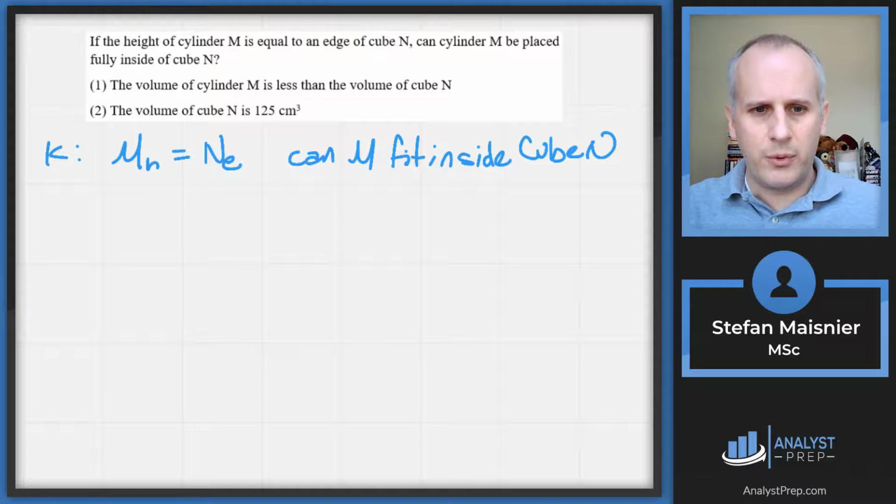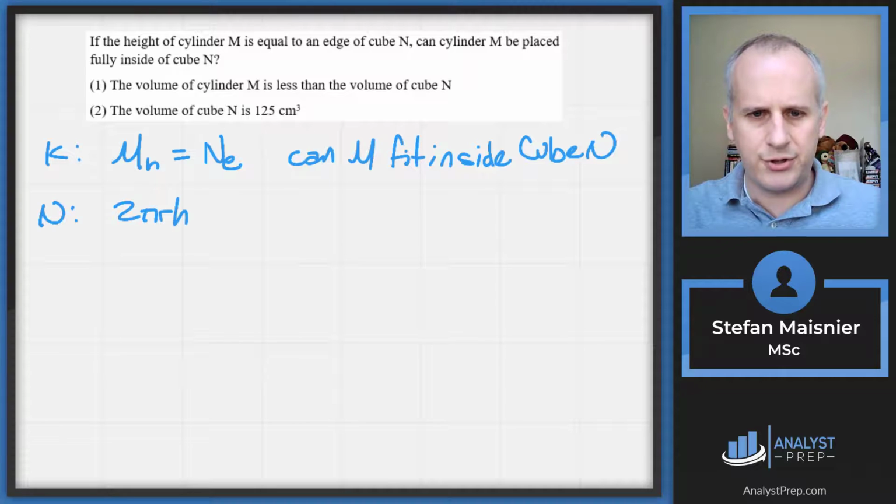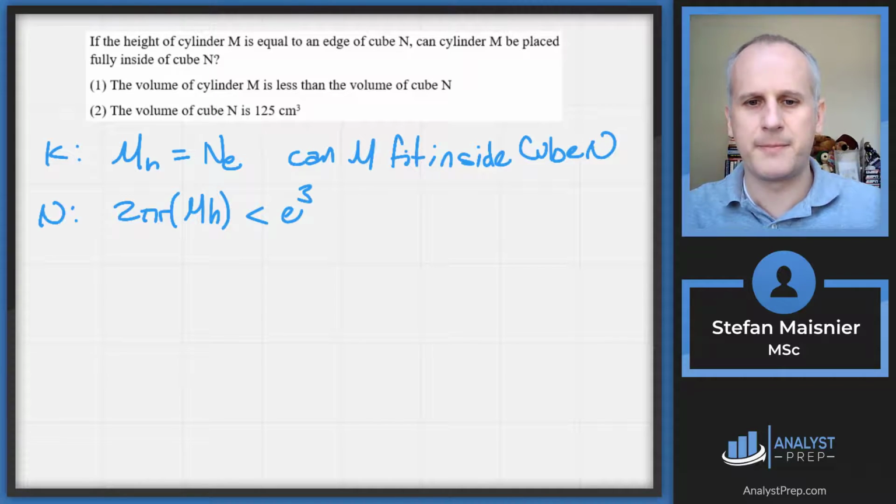So what we need is to determine if 2 pi r mh, because that's how we're indicating the height of M, is less than edge cubed.